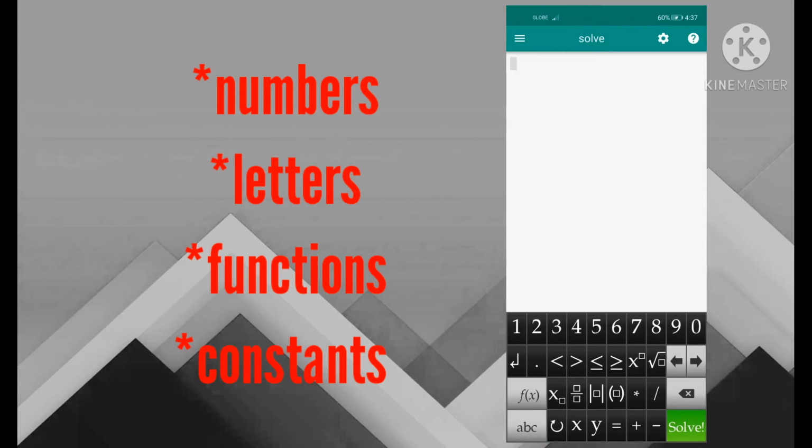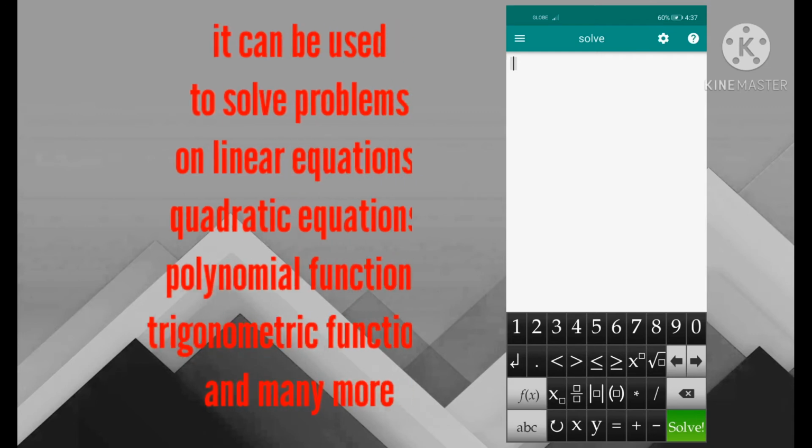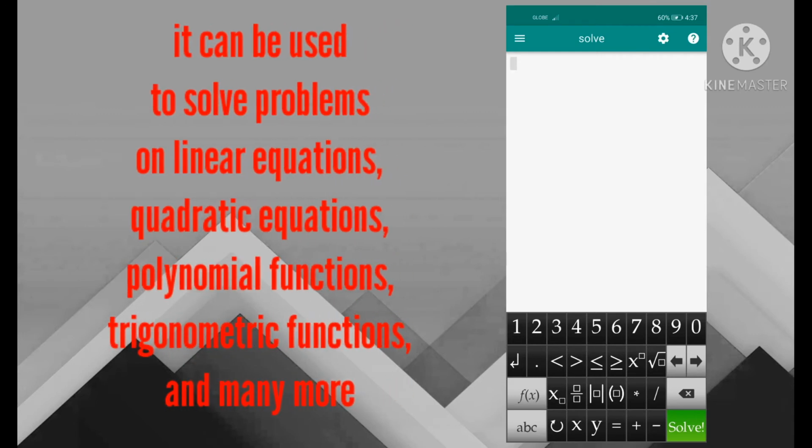Na? So, paano ito ginagamit o saan ito ginagamit? Actually, yung Algebrator, meron siyang a wide use in problem solving in mathematics. So, pwede siyang gamitin sa pagsusolve ng linear functions and equations, pagsosolve ng quadratic equations and functions, pagsosolve ng polynomial equations and functions, pagsosolve ng trigonometric functions and equations.